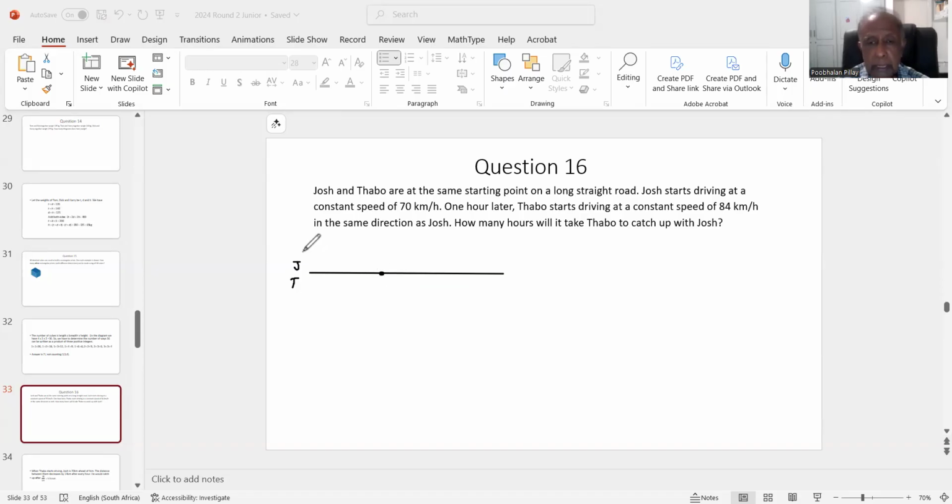Josh travels at 70 k's, and Tabo travels at 84 kilometers per hour. So Tabo is traveling faster, so sooner or later he's going to catch up with Josh. Now the question is, how many hours will it take for Tabo to catch up with Josh? Okay, that is what I said. They're going to catch up.